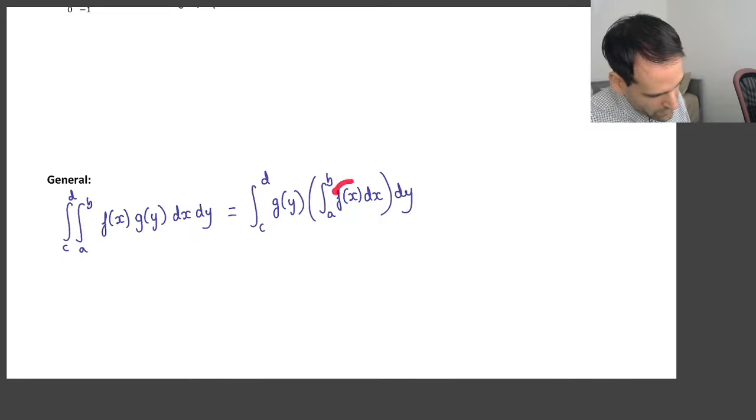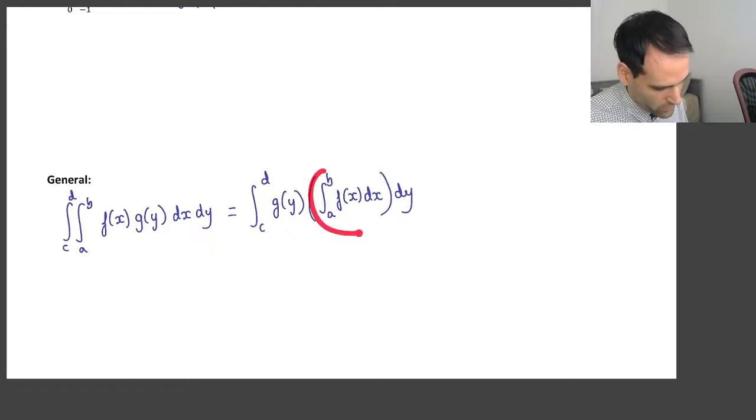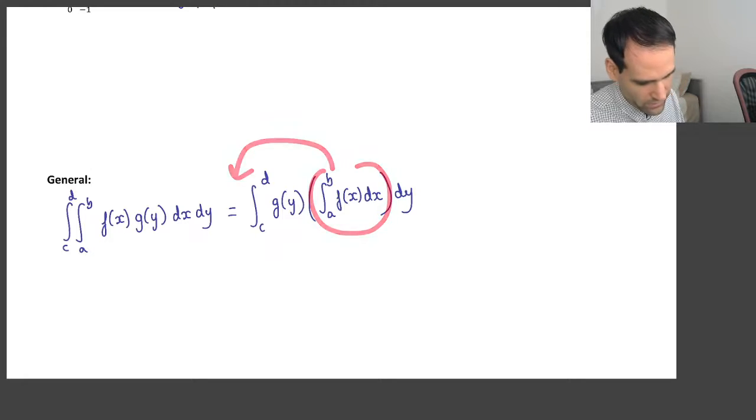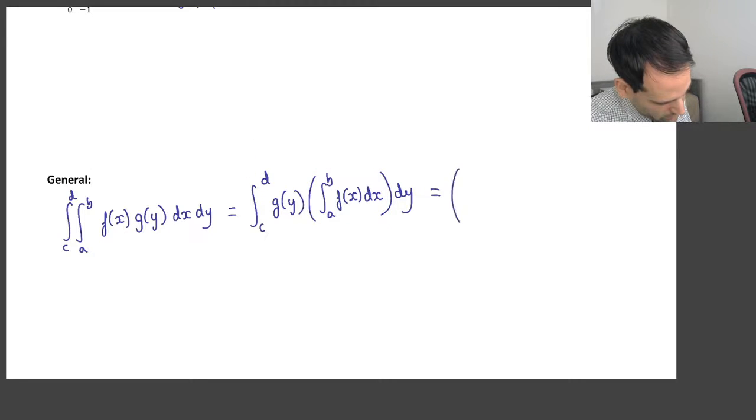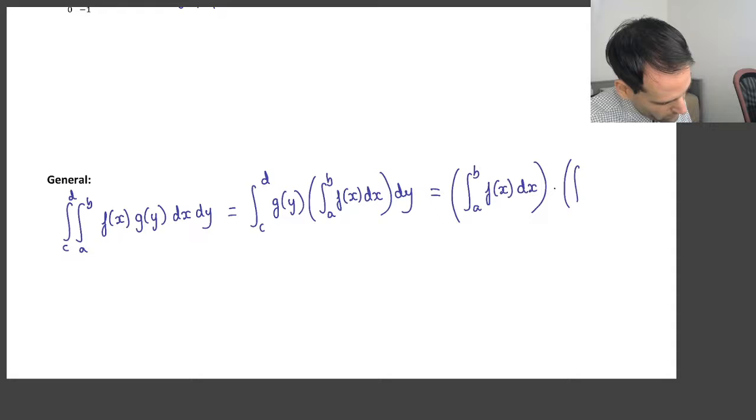And now, since f of x is a function that depends only on x, this integral will be a constant. It won't have any y's. So this constant can be taken outside of the outer integral. So this can be written as the integral from a to b of f of x dx times the integral from c to d of g of y dy.